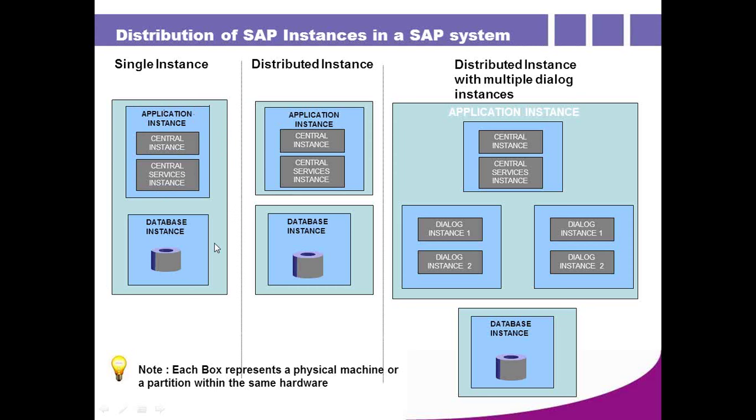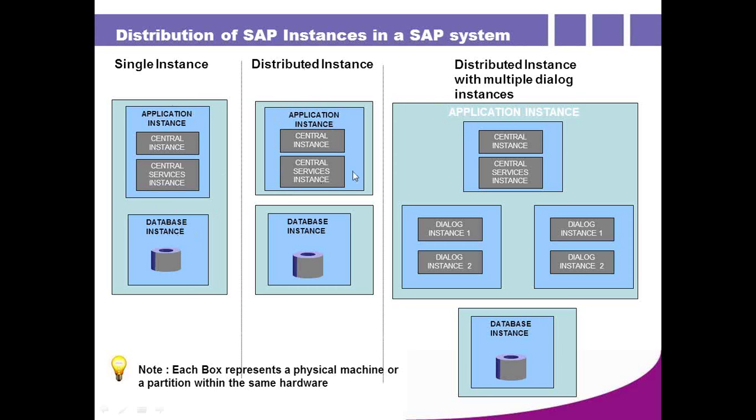In the single box, consider the outer line, we install SAP and database. That's why we call it a single or central system, because SAP and database are on the same host, the same single server. No separate server for the database, no separate server for the application. Got it? This is the single system.